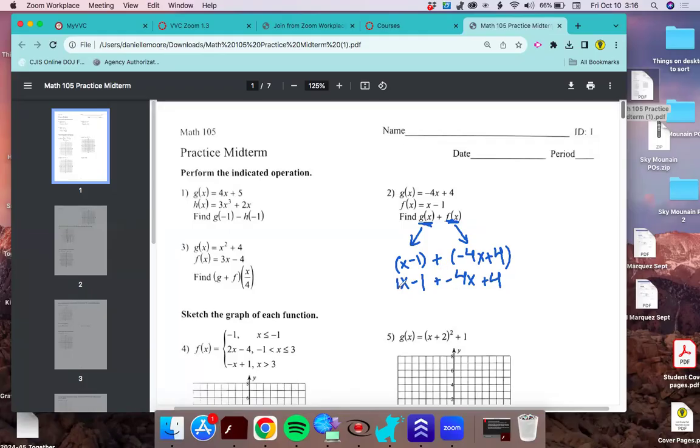Anyway, from there, here's a 1x and this 4x. Probably we can put those together as like terms: 1x and a minus 4x. So that's a +1 and a -4, so -3x. And then for our constant terms, -1 and +4, putting those together, that's a +3. And that's about as simplified as it gets.